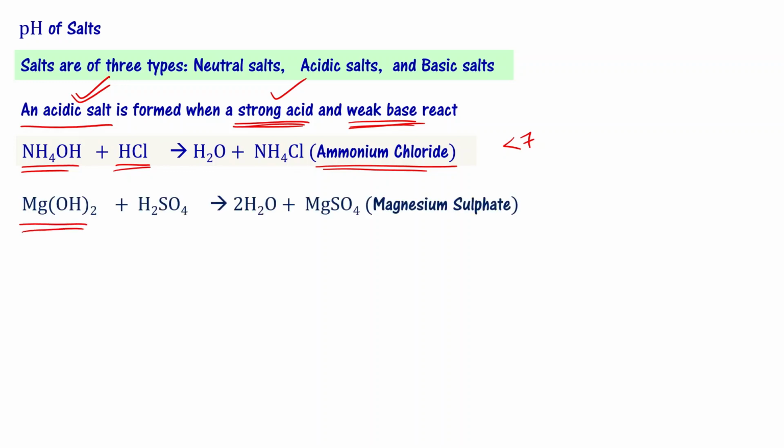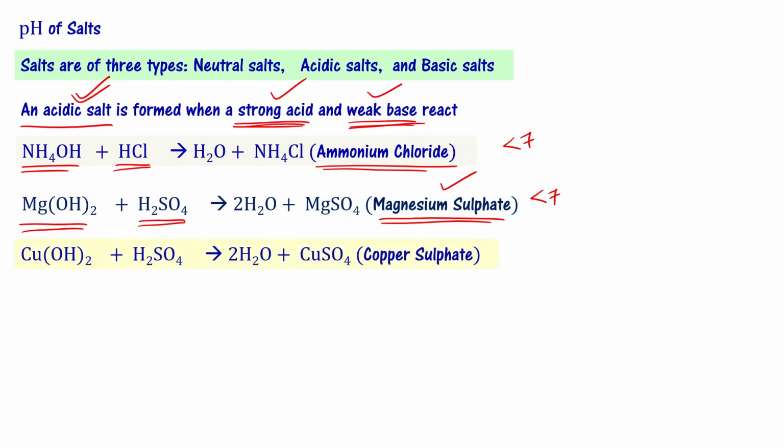Magnesium hydroxide, a weak base, when it reacts with sulfuric acid, a strong acid, gives magnesium sulfate. It is an acidic salt, and its pH is going to be less than 7. Similarly, you have a few more examples.